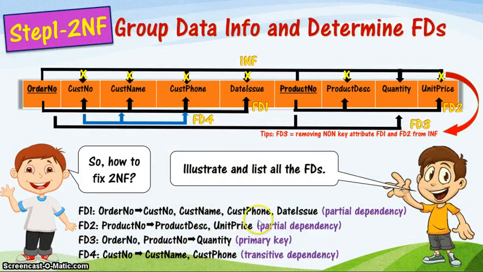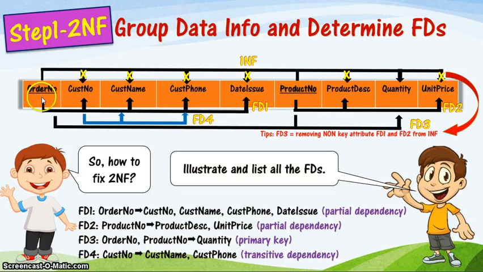Next, based on the 1NF, I want to share the techniques to create the FD. Before this, we grouped the attributes into specific info. It's about customer. Since we know that in this case, previously we determined the PK is order number and product number.